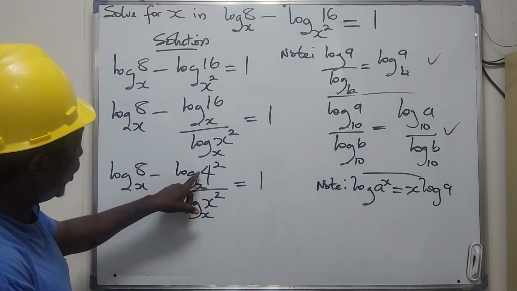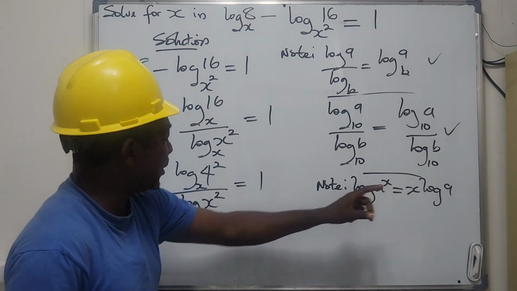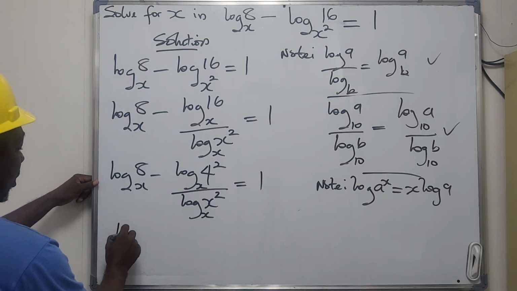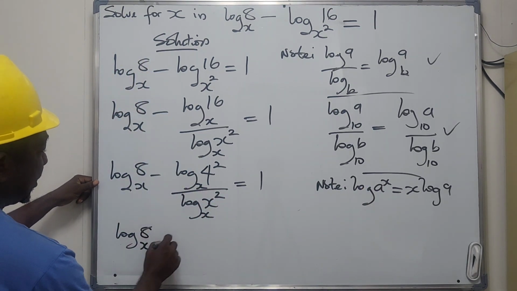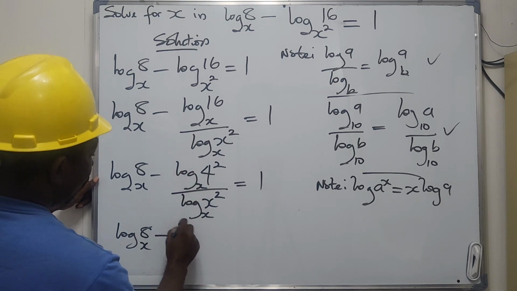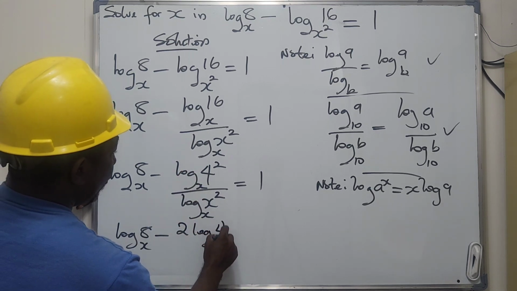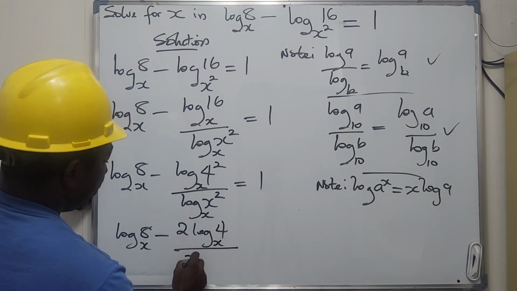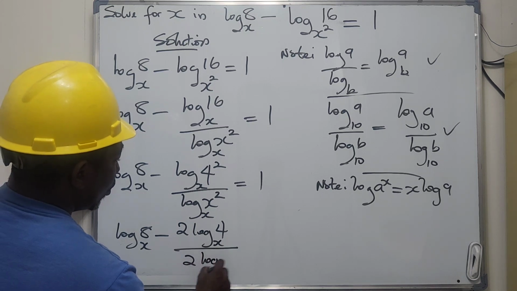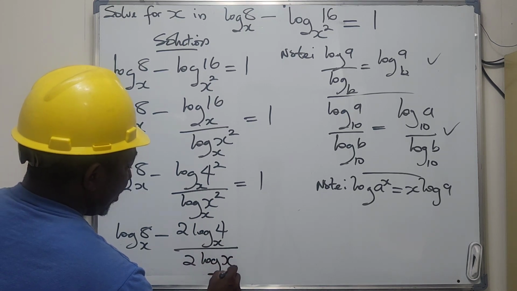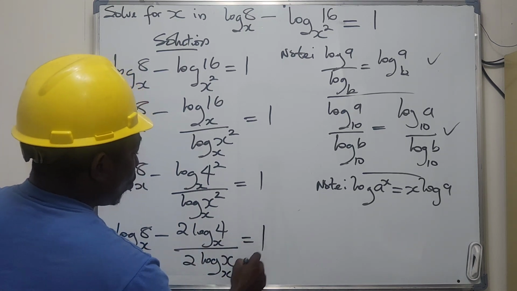So expressing the numerator and the denominator this way will give us log 8 base x minus 2 log 4 base x all over 2 log x base x equals 1.